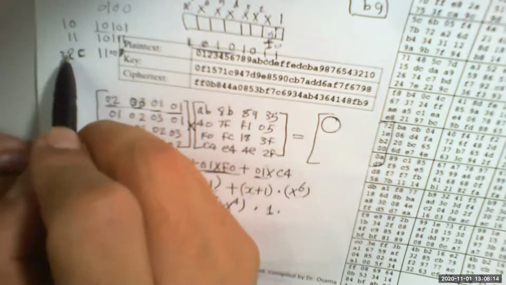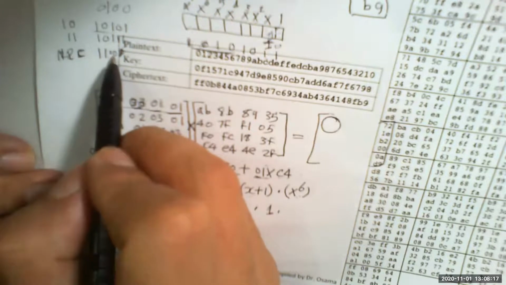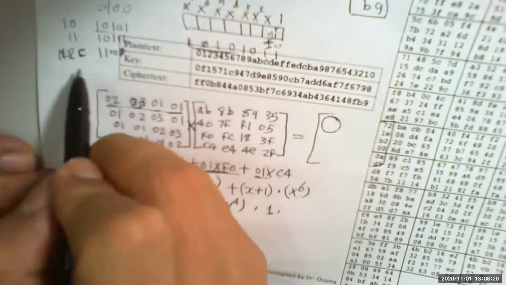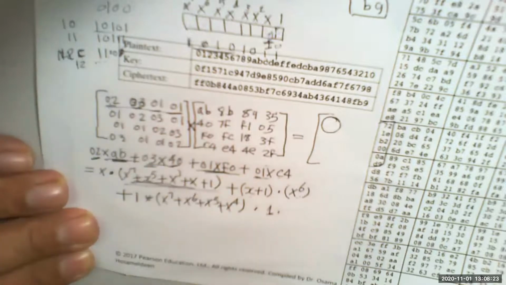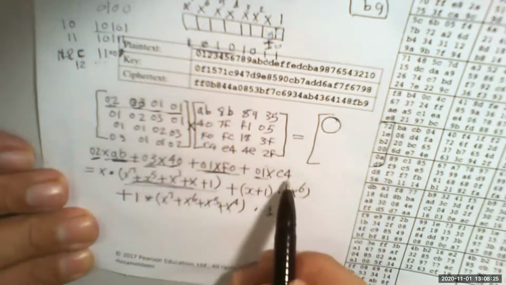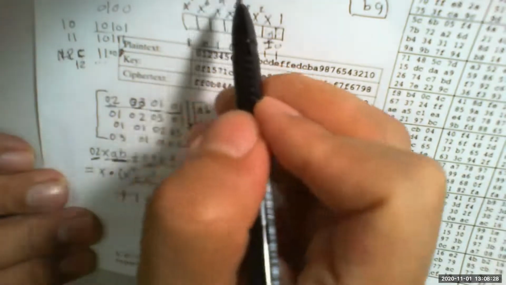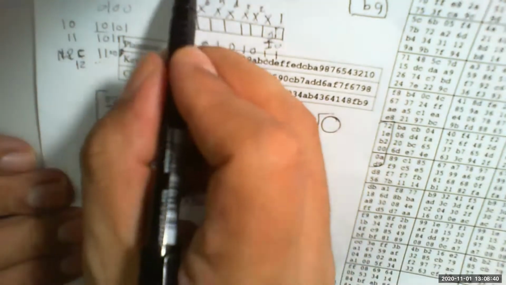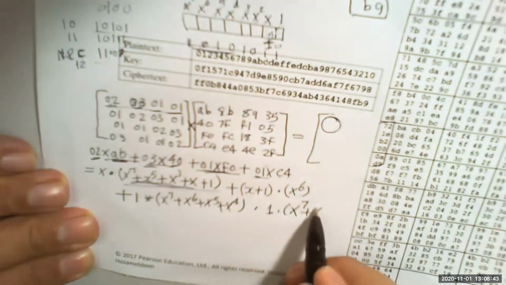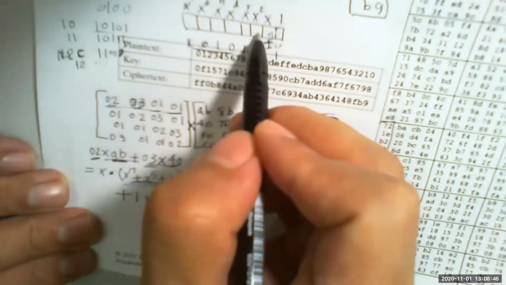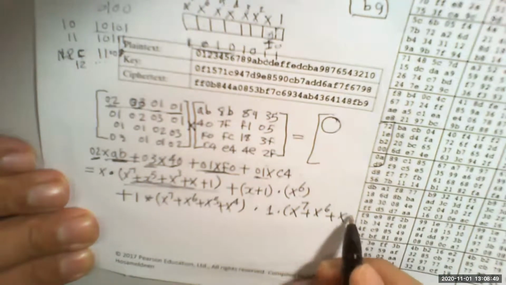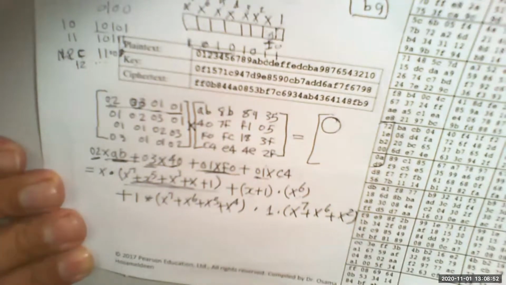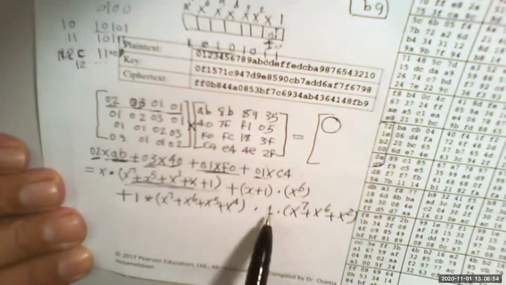Make sure if this is 12. This is 12, yes. This is 4 plus 8, which is 12. So this is C. This means C and 4. So it is C, 1100, and 4, which is 0100. So this is x7, x6 and x2. Okay, this should be done like that.